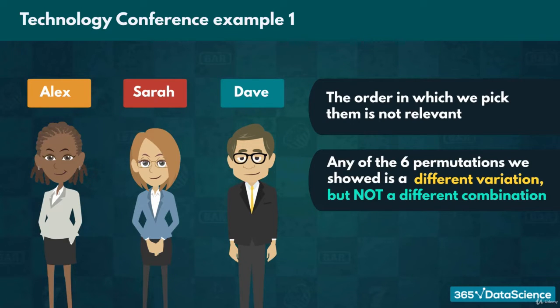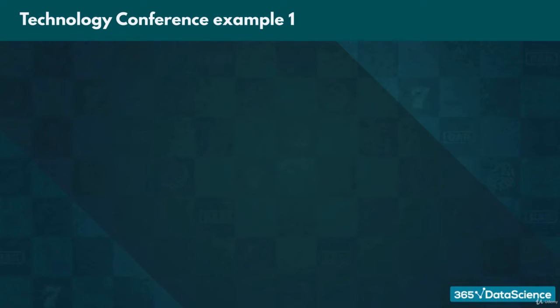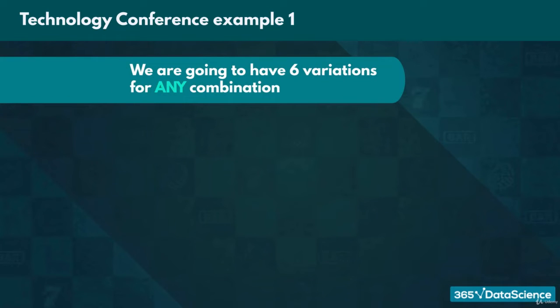Recall that the formula for calculating permutations of n many elements is simply n factorial. Since n is 3 in this case, there would be a total of 6 permutations for choosing Alex, Dave, and Sarah. Since variations count these 6 as separate, we are going to have 6 variations for any combination.